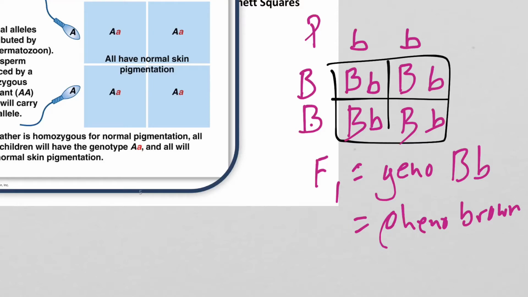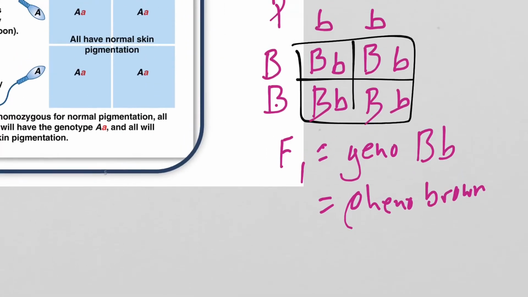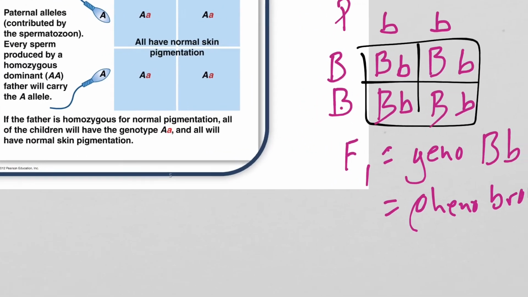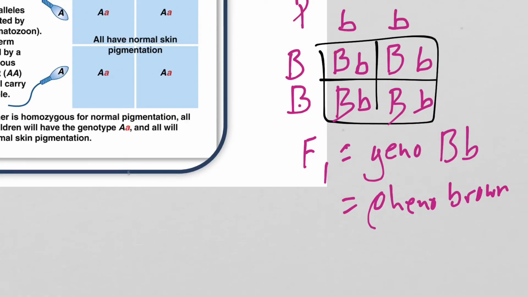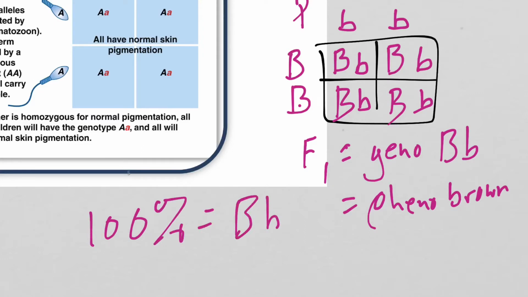The trait is the brown eyes. So the question: what are the genotypes of the children? Big B, little b. What are the phenotypes? Brown eyes. And how we express this is with statistics. There's a 100% chance of kids with the big B, little b heterozygous genotype.